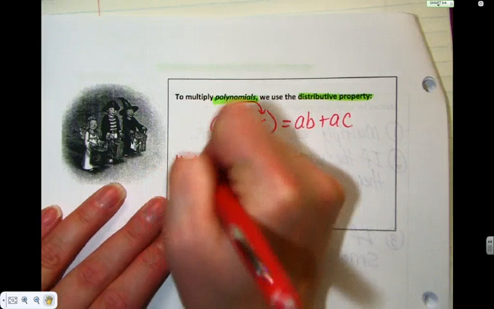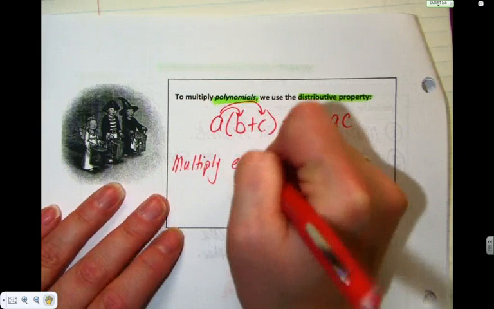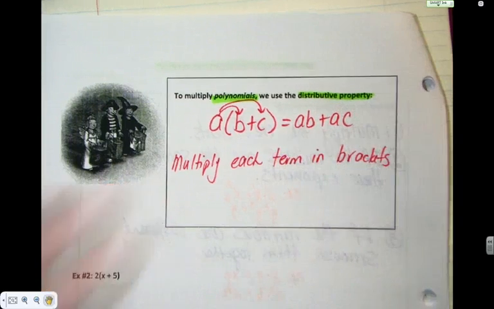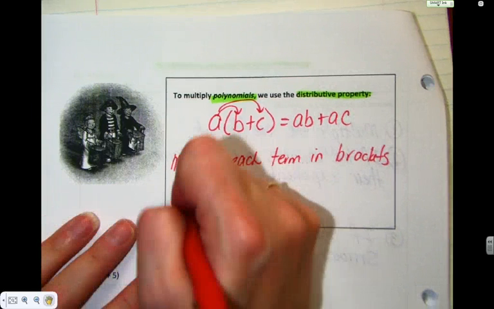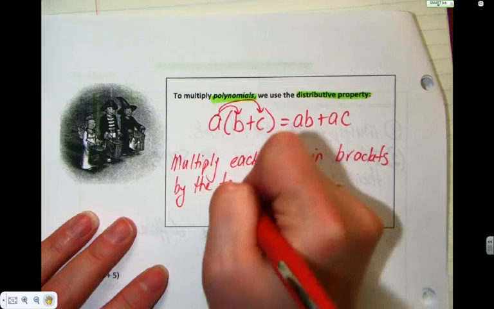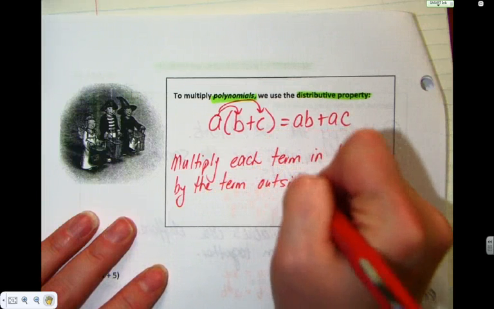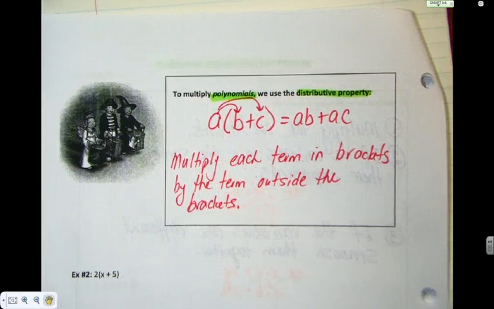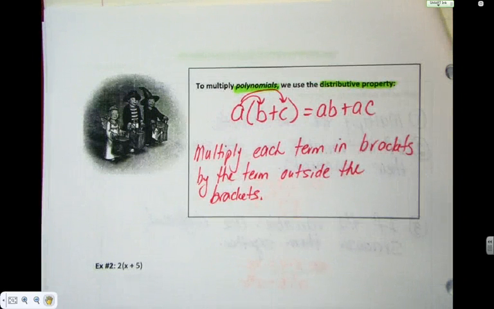So multiply each term in brackets by the term outside the brackets.